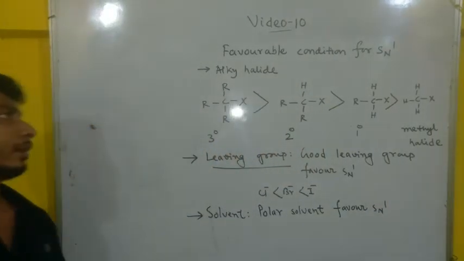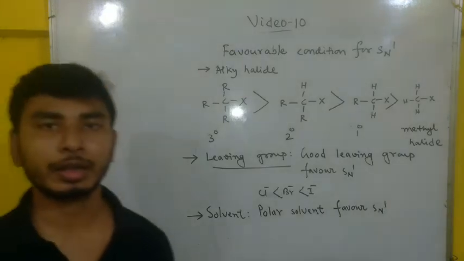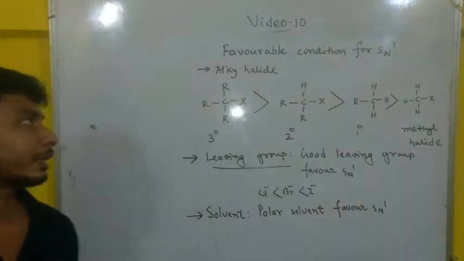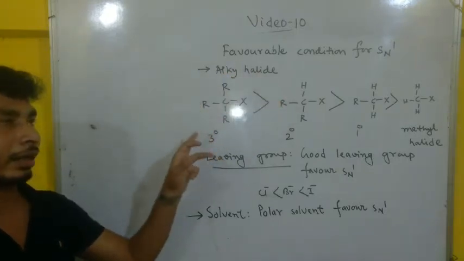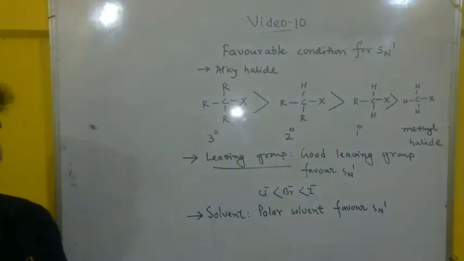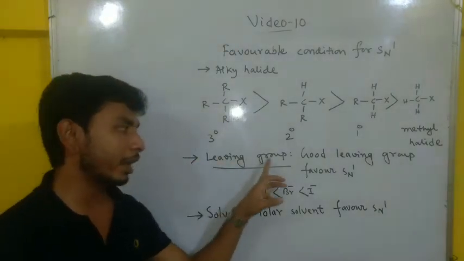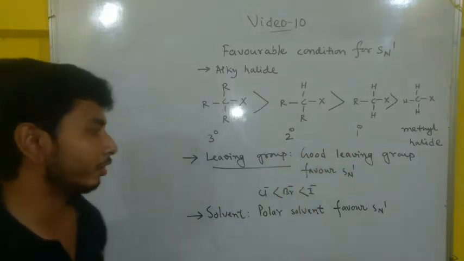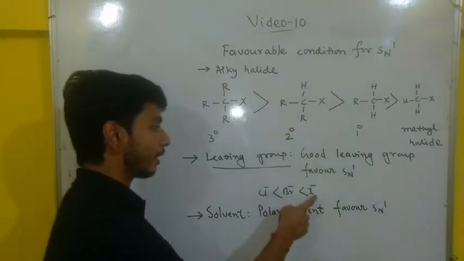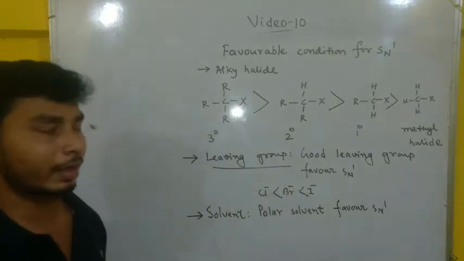So these are the 3 important points on which SN1 reaction depends. SN1 reaction depends upon the nature of the alkyl halide; 3 degree alkyl halide generally shows SN1 reactions. It also depends upon the nature of the leaving group; a good leaving group favors SN1 reaction, and I minus is better than Br minus, which is better than Cl minus.